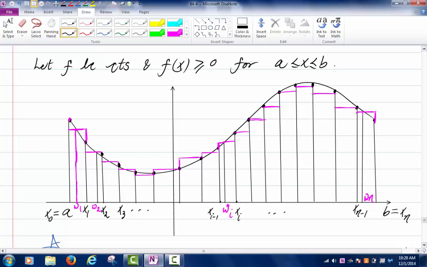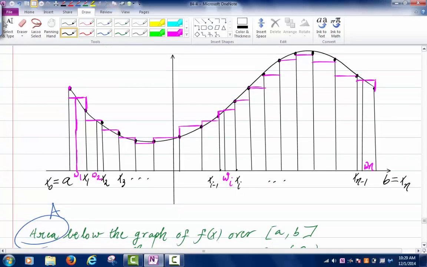So remember what we are doing with the Riemann sum. We have the first subinterval between x0 and x1, second subinterval between x1 and x2, the ith subinterval between x_{i-1} and x_i, the last one is x_{n-1} and x_n. How many subintervals do I have? I have n of them.